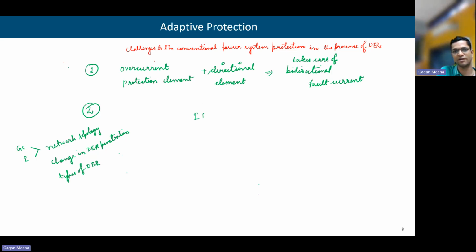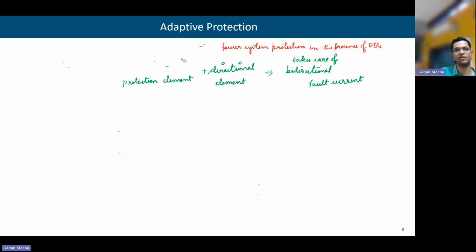So the IDMT characteristics, which is a function of PSM, we need to change depending upon the mode of operation. It should be able to change. And for this adaptive protection, two schemes were discussed that we will see right now.